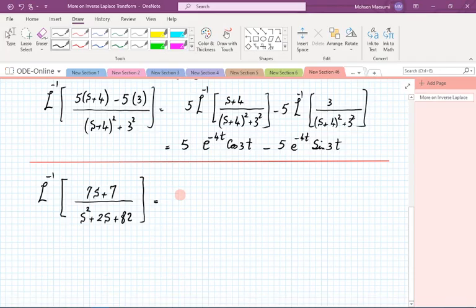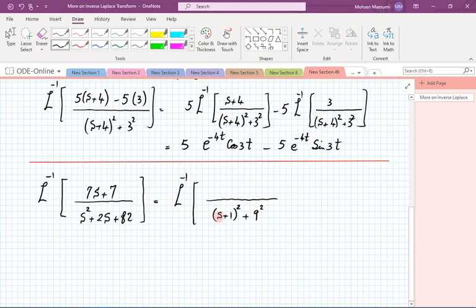So what is this? Inverse Laplace of this. You can easily tell s squared plus 2s must come from (s plus 1) squared. So I have to borrow 1 from here to complete that. I have 81 left, which is of course the square of 9.